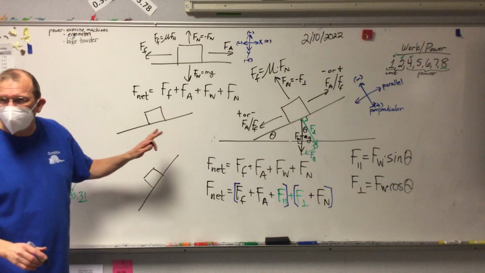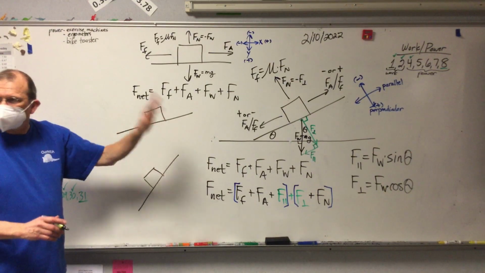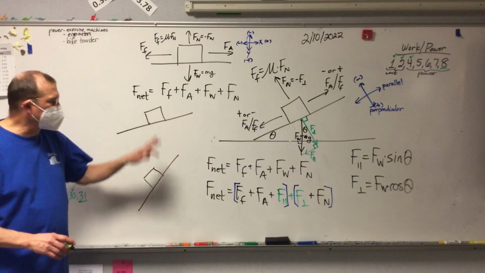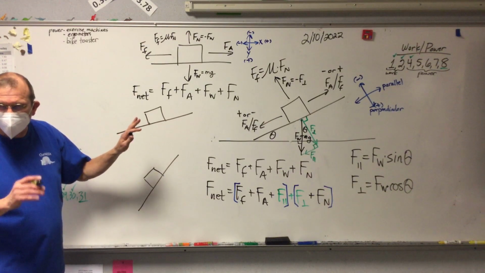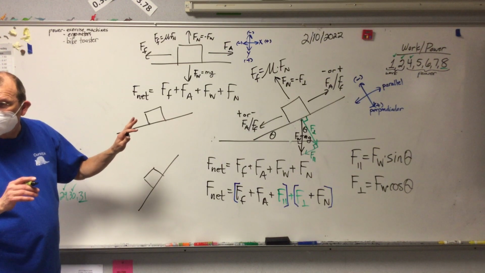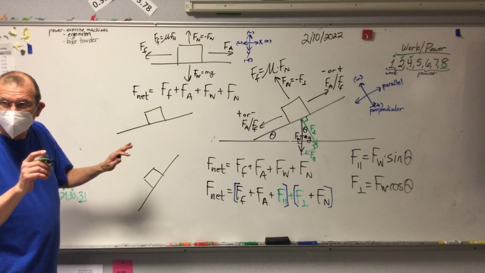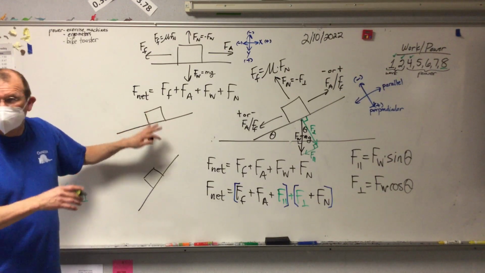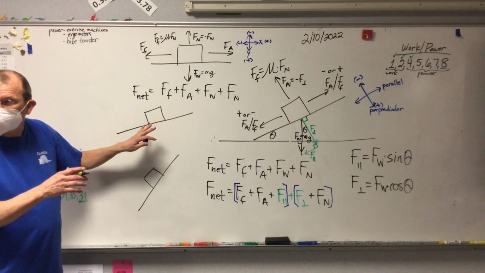Now, if I'm going to draw FW, and this is the same object, even though I'm at different angles, what's one restriction I have in my picture, if I'm being very meticulous? FW is always the same direction, and even more than that, the same magnitude. So when I draw this, what do I have to be careful of? Making FW the same length.